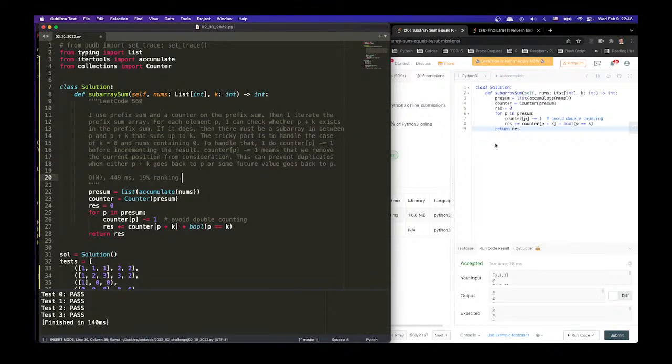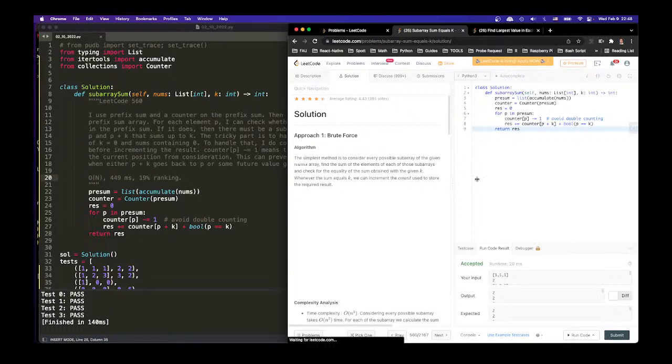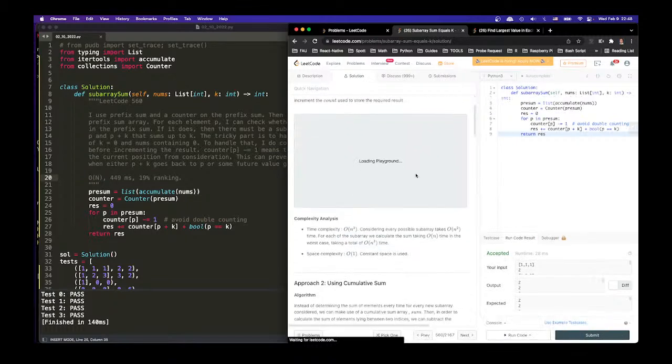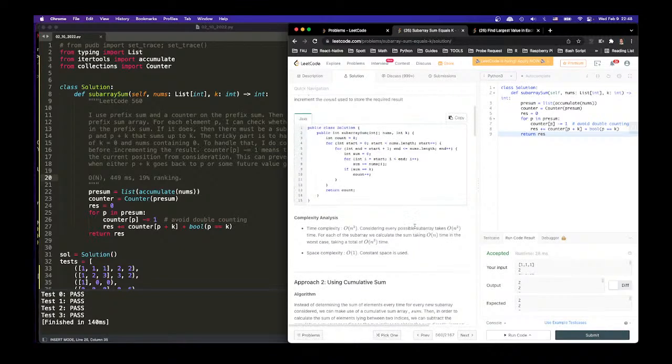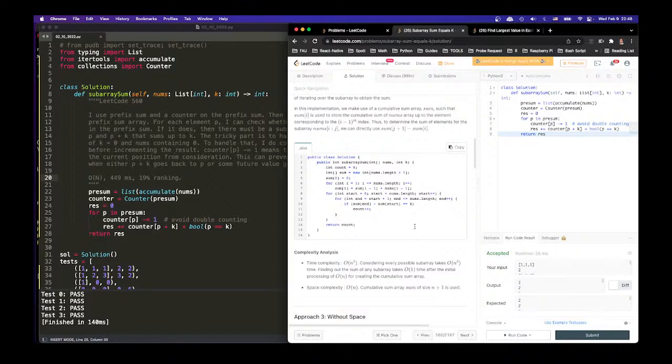Okay, let's see solutions. Brute force is O(n cubed). That's probably not gonna work. Using cumulative sum is O(n squared).